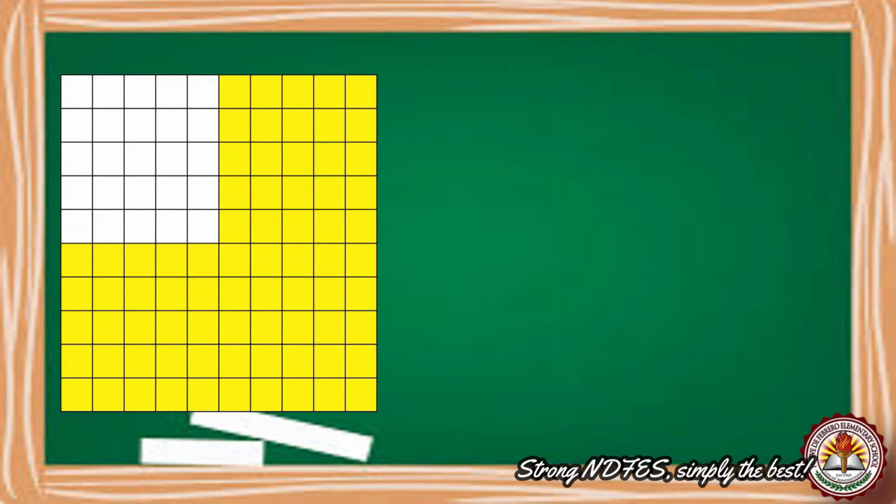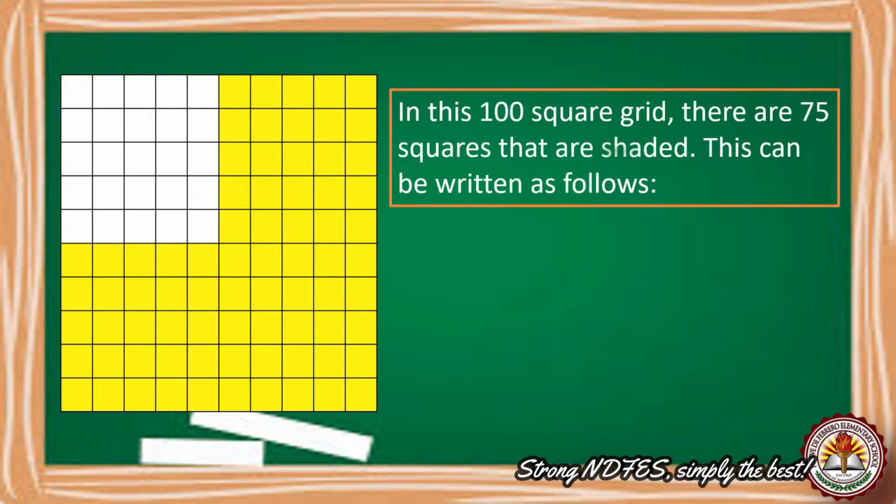Children, let us have another example. In this 100 square grid, there are 75 squares that are shaded. This can be written as follows. So children, let us now relate again the 75 squares that are shaded into fraction, percent, ratio, and decimal.